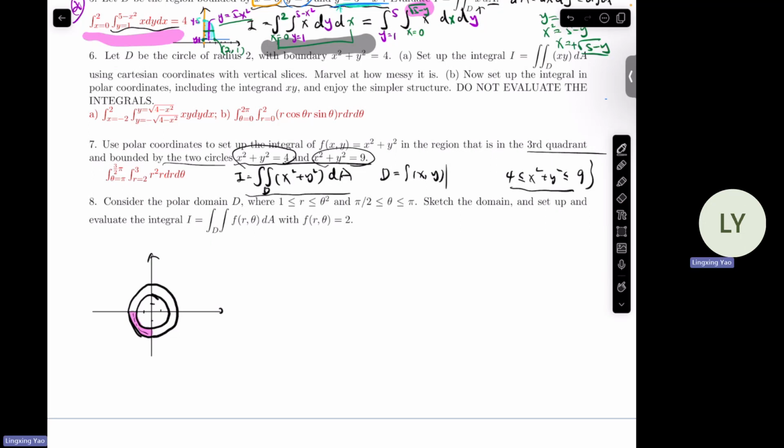Well, this is the key feature of this region: if we pick any point, we compute the x squared plus y squared value, and it is bounded between the outer circle and the inner circle. So that is described in this statement of the question. But we also have another piece, which is that both x and y should be negative.